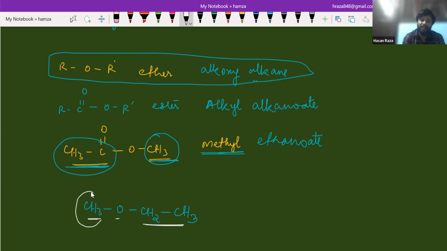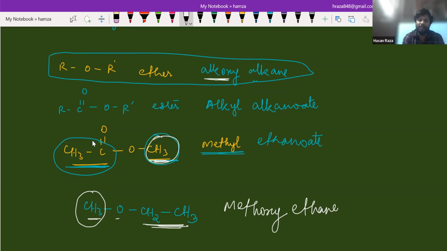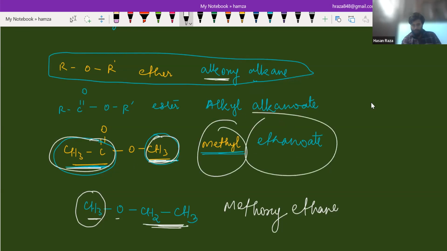The chain with the lesser number of carbons is the substituent, that will be with oxy. That means its name will be methoxy ethane. In the same way, here on this side we have one carbon and on this side two carbons. That's why one is the substituent and the other is the parent chain. So methyl ethanoate.